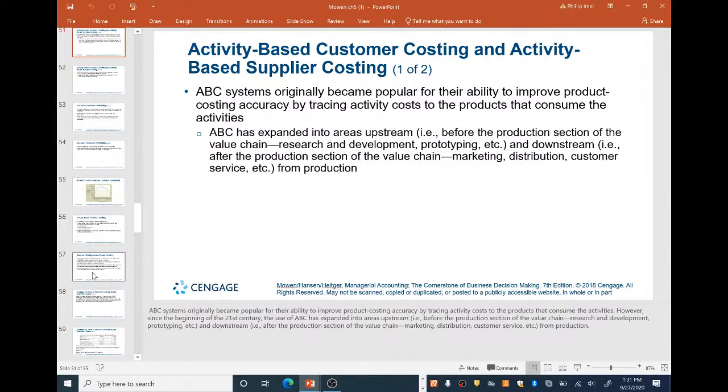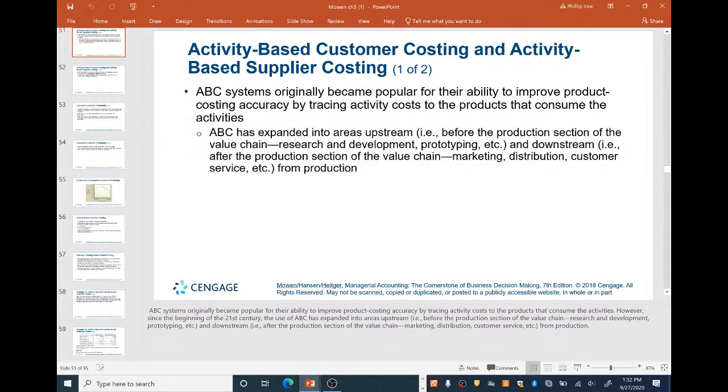Activity-based costing has expanded into both upstream and downstream areas, meaning upstream before the production section, so meaning the research and development and the prototyping parts, etc. Downstream, this is going to be the after production, so more in your period costs with your marketing and your distribution and your customer service and so on and so forth.